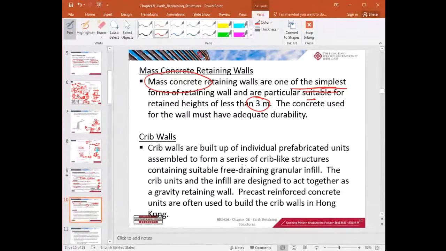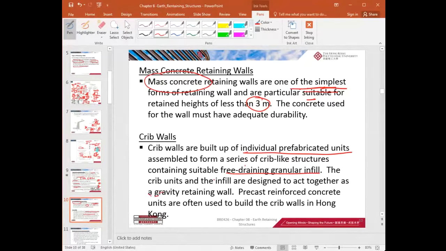And crib walls are assembled from individual precast or prefabricated units, right? And then you have the free draining granular infill. You fill up the voids, the space, with the granular material, and all together act as a gravity retaining wall, right?